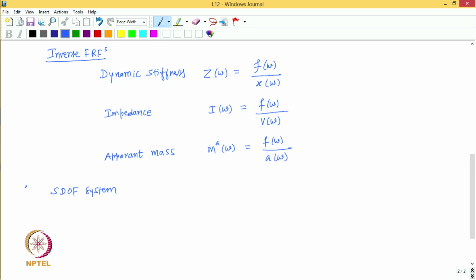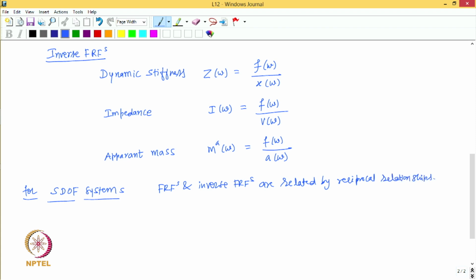So for single degree of freedom systems, the FRF and inverse FRFs are related by a reciprocal relationship.